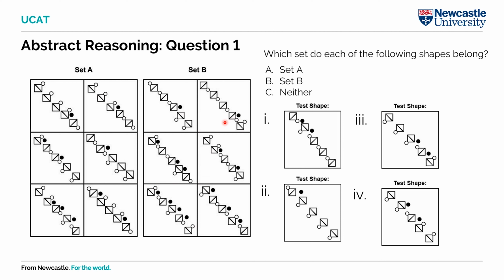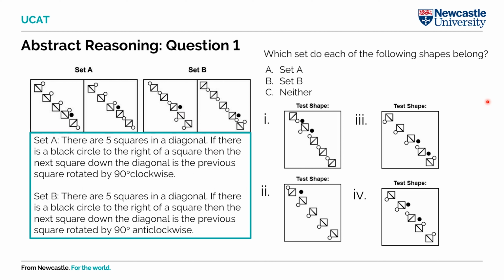So when we're looking at the answers here, the first one, this is just the rationale. The first one is A, because we have this black dot, and then we've got a 90-degree rotation clockwise. Number 2 is B, because we've got an anti-clockwise rotation, and then A and A.